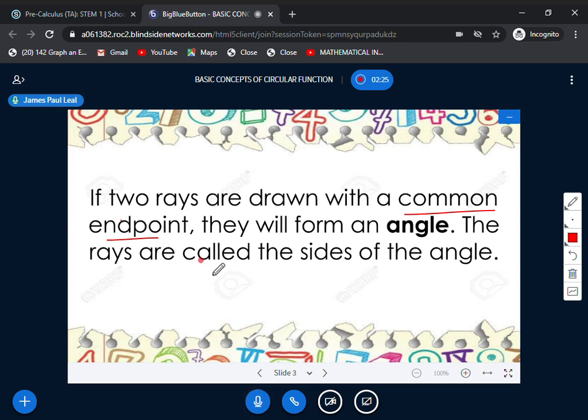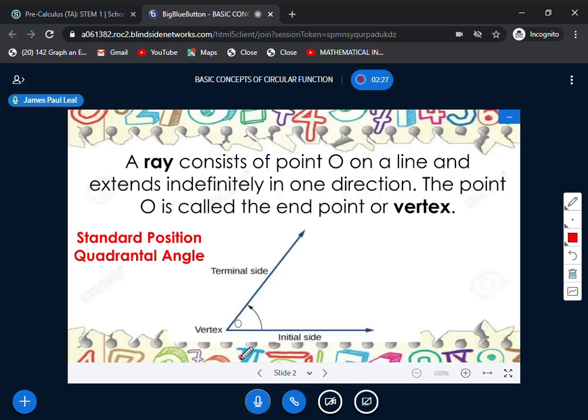The rays are called the sides of the angle. As you can see, the two rays intersect each other, which forms the endpoint or vertex, and through that you form an angle. So that will be the concept.